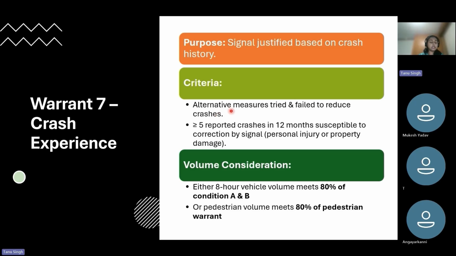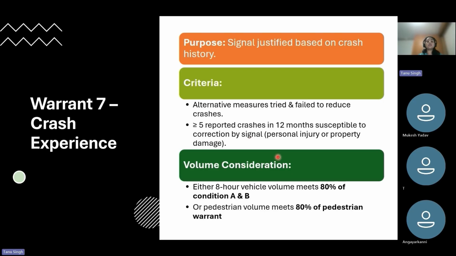So first is this criteria. Second criteria is if there are greater than or equal to 5 reported crashes in 12 months susceptible to correction by signals. So these are two criteria.